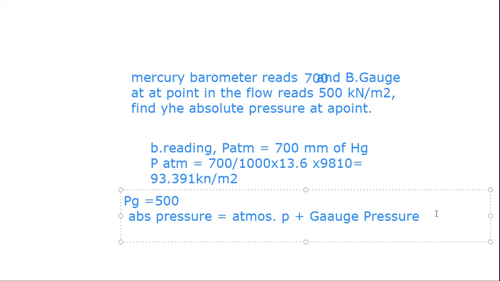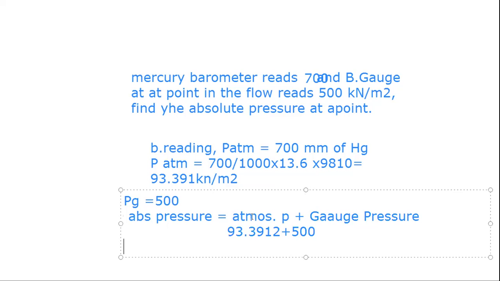Now substituting, P atmosphere plus P gauge. The atmospheric pressure we got is 93.3912, plus the gauge pressure, which is 500.